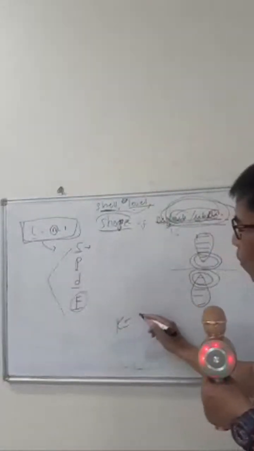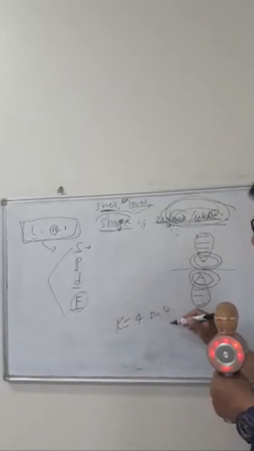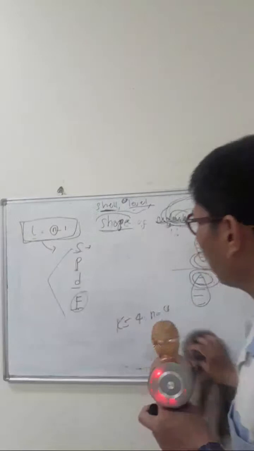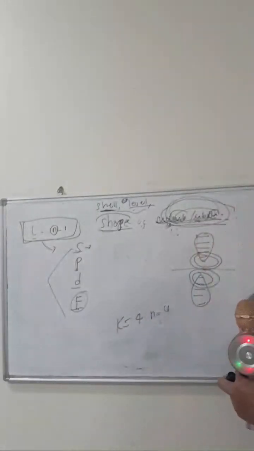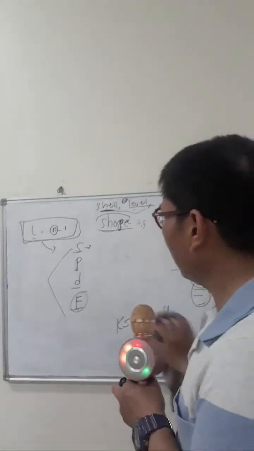So potassium has 4 energy levels, n equals 4. Potassium has 4 orbits, because orbital is another thing. So 4 shells, 4 levels. How many electron shells in potassium? Your answer will be 4 because it's based on the energy level.